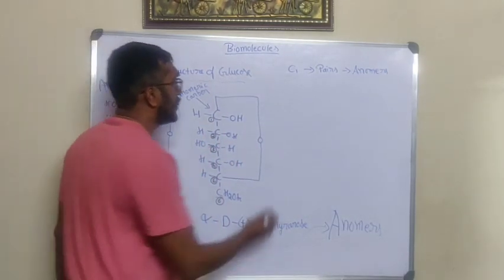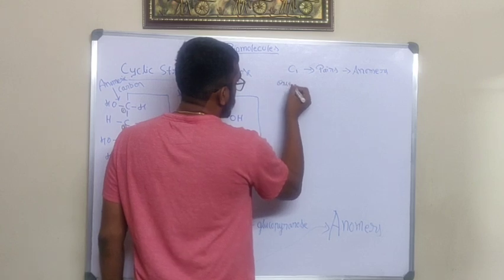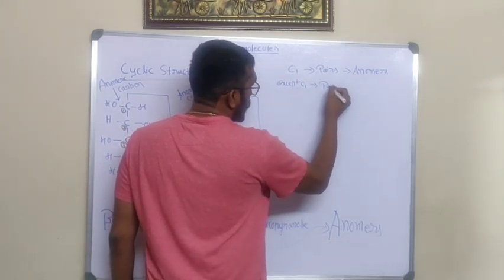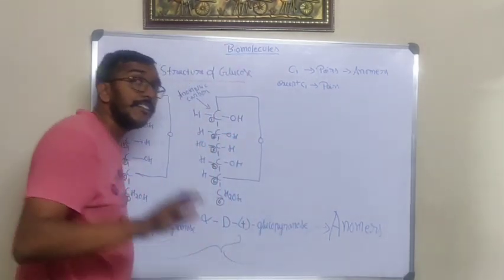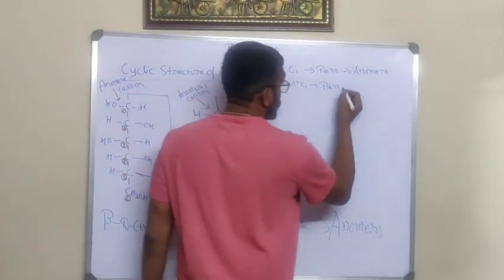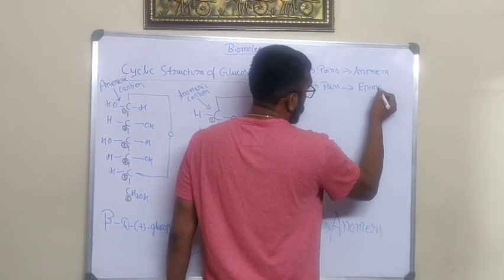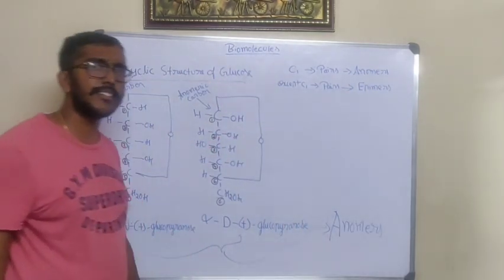Except carbon 1, if a position changes in any other carbon, the pairs are known as epimers. That's it.